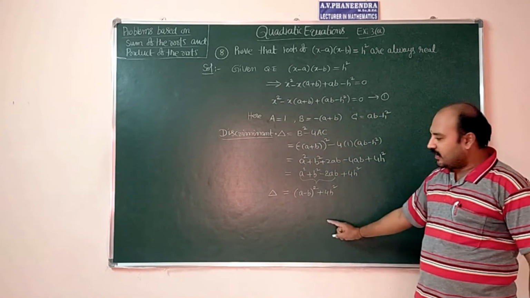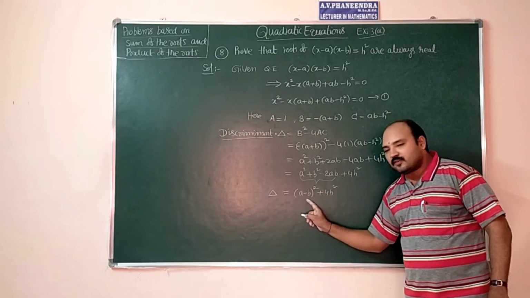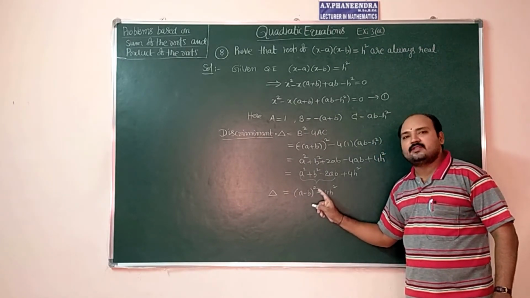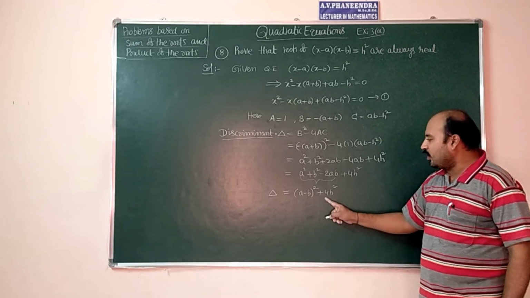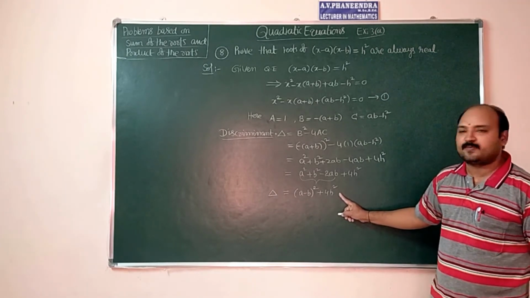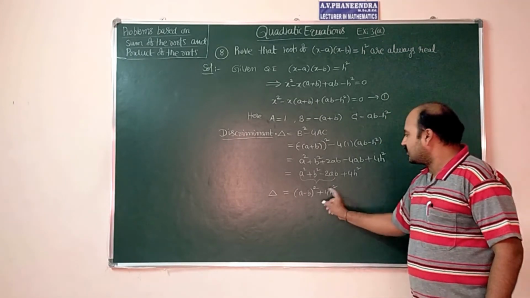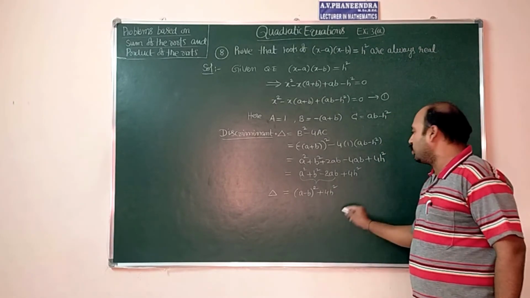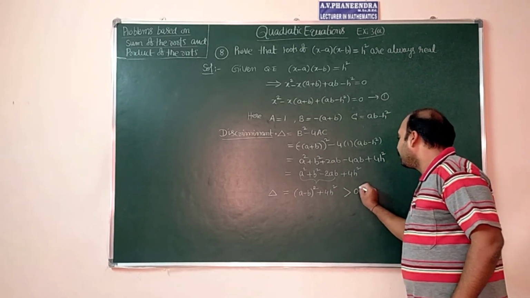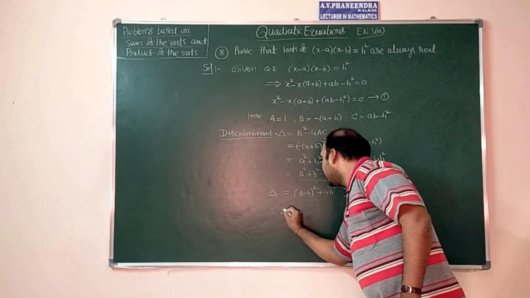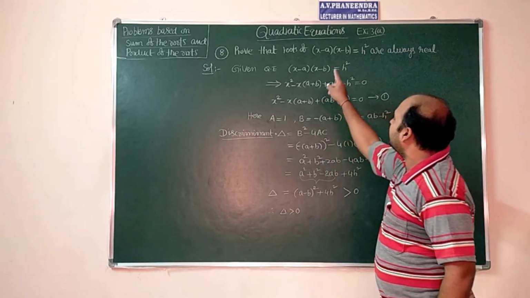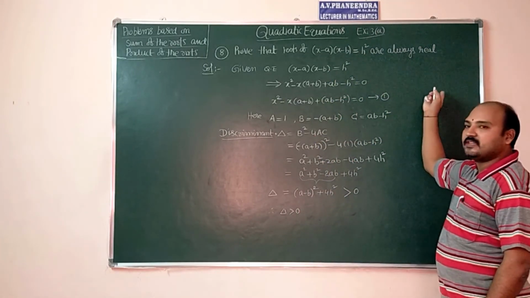You observe that the square of the difference of any two values is always positive, and 4h² is also always positive. Therefore, this total term is always positive. Positive means what? Delta greater than 0. Therefore, whenever delta is greater than 0, the roots of this quadratic equation are real.